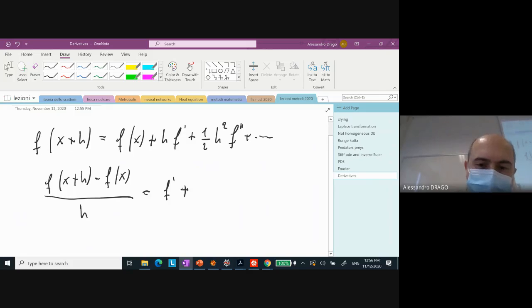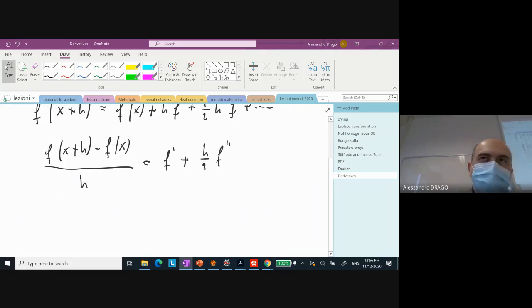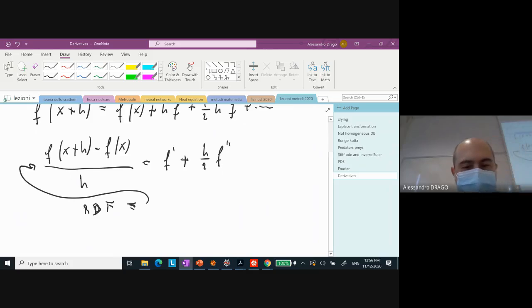But after, there is another term, which is h half f second. So what does this mean? It means that if I define the right derivative of f in this way, then I am computing f prime, but I know that I am introducing an error which is linear with h.